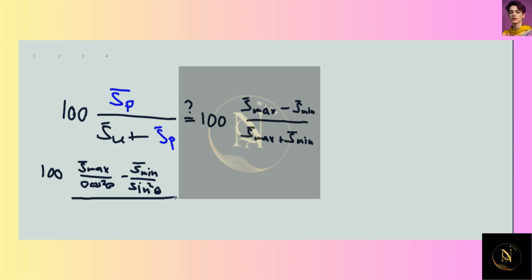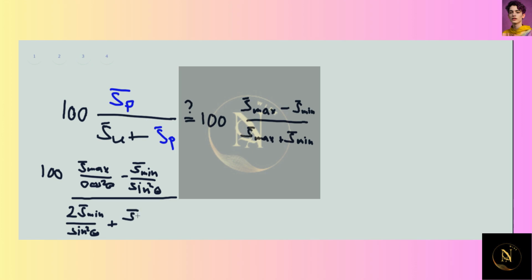And this is divided by S bar U plus S bar P, but S bar U was 2 times S bar min over sine squared theta, and plus this here.